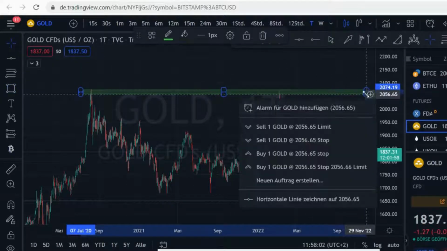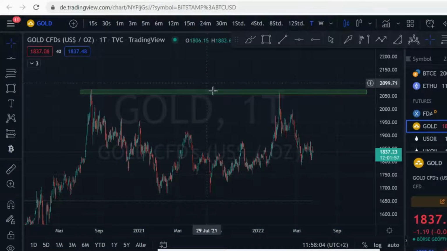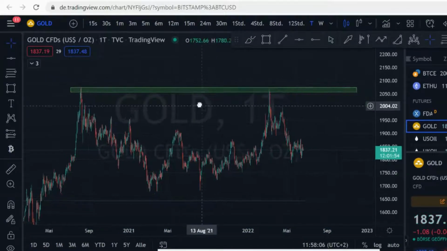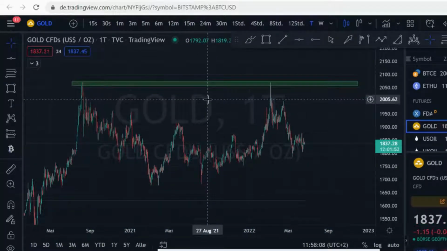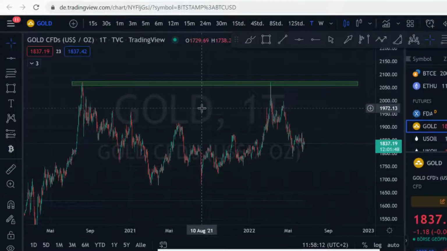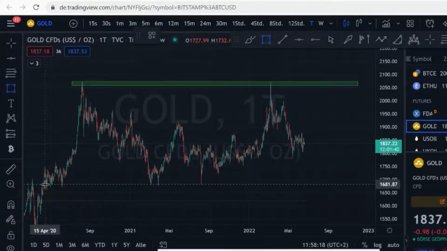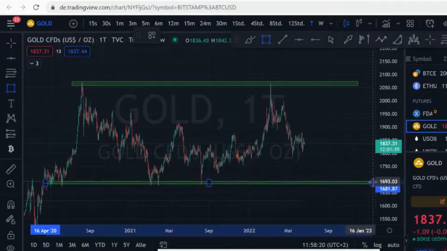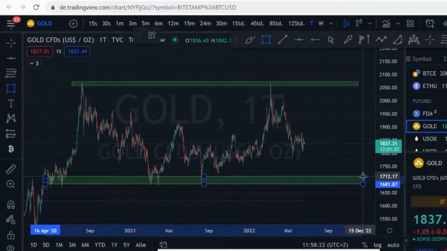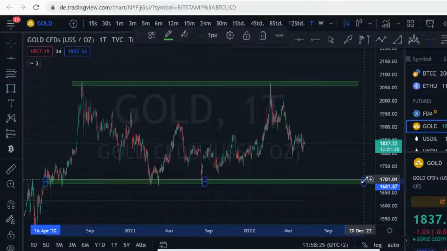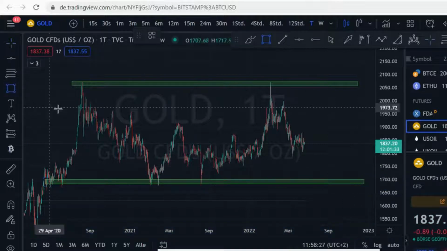First start on the bigger time frame, like the daily chart. Draw your key areas, and then you can later on go maybe on the 4-hourly and adjust these levels there. So maybe also here, like this.